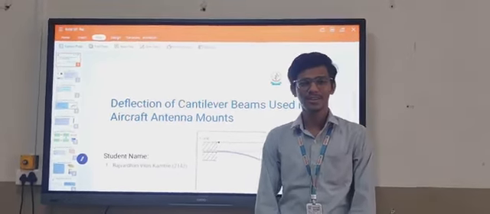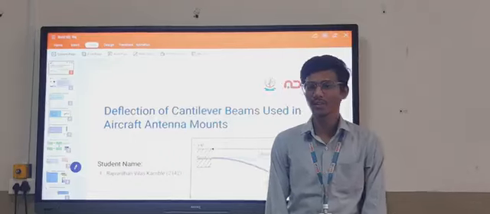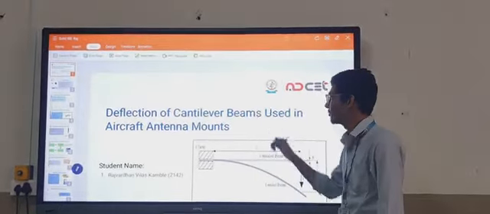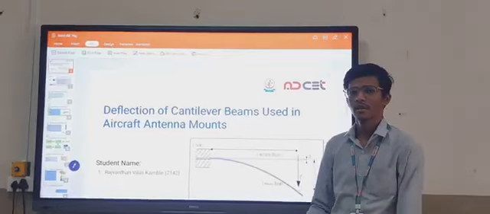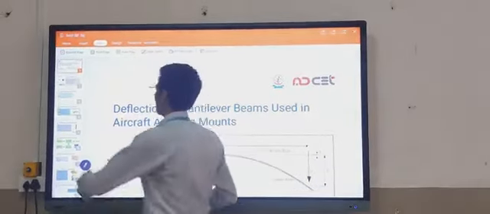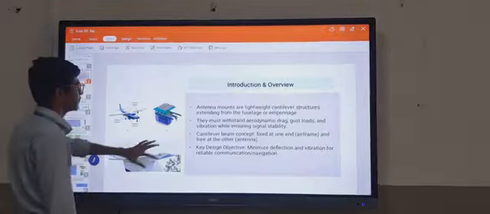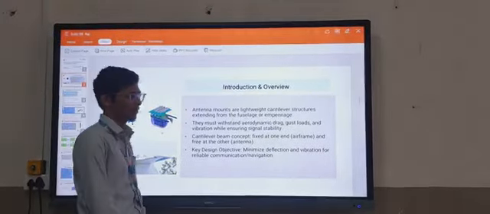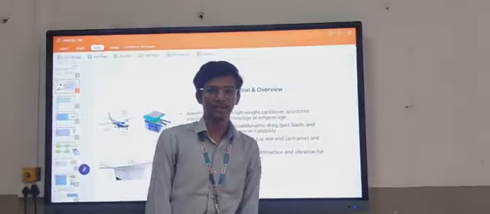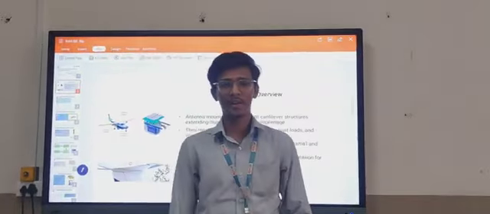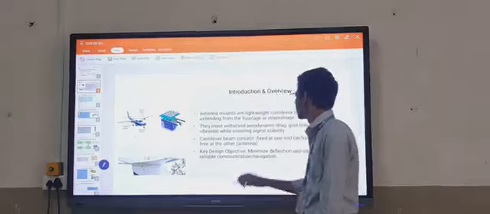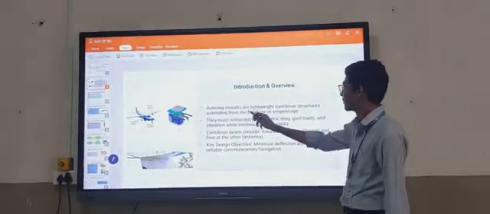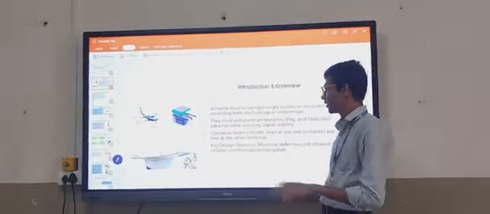I am an aeronautical engineering student, and today we are discussing the deflection of cantilever beams used in aircraft for antenna mounting. So here we go. According to our domain, the antenna of the aircraft is lightweight and sustainable. It is carried on the fuselage and the wing of the aircraft.